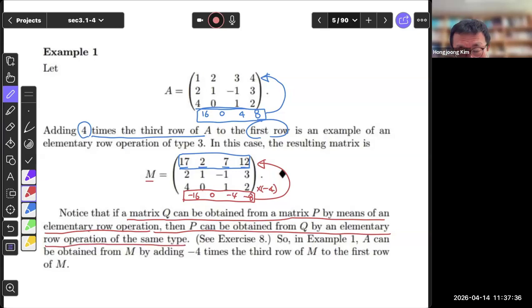Of course, this statement is applicable even to the column operation. So, as I said, this property shows that the elementary row operation is reversible. This is a very important property of elementary row operation. Okay.